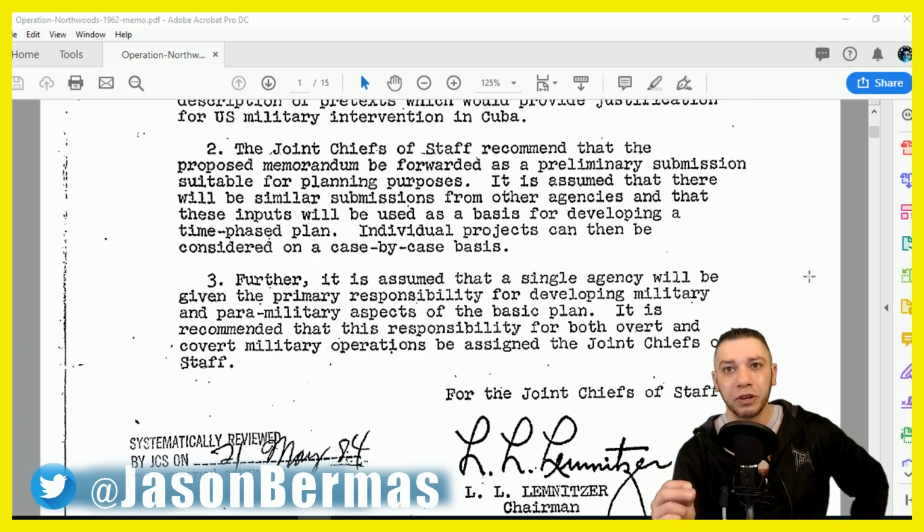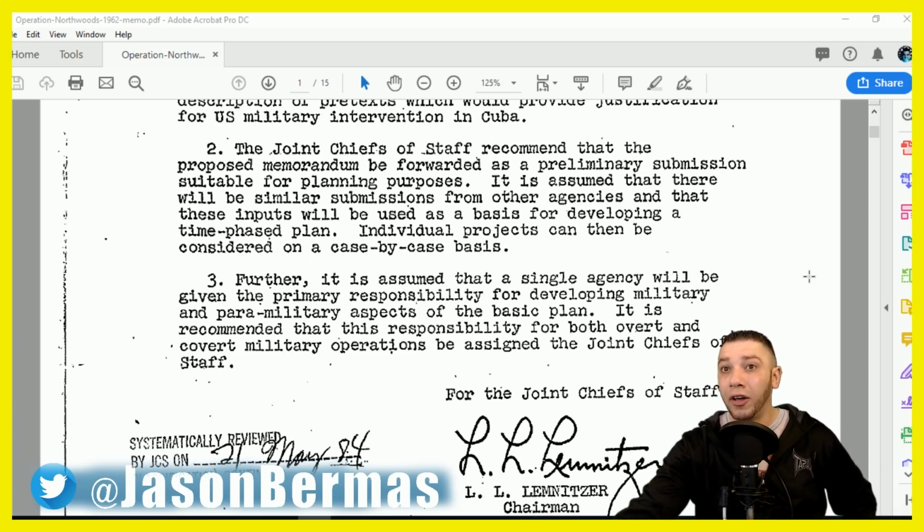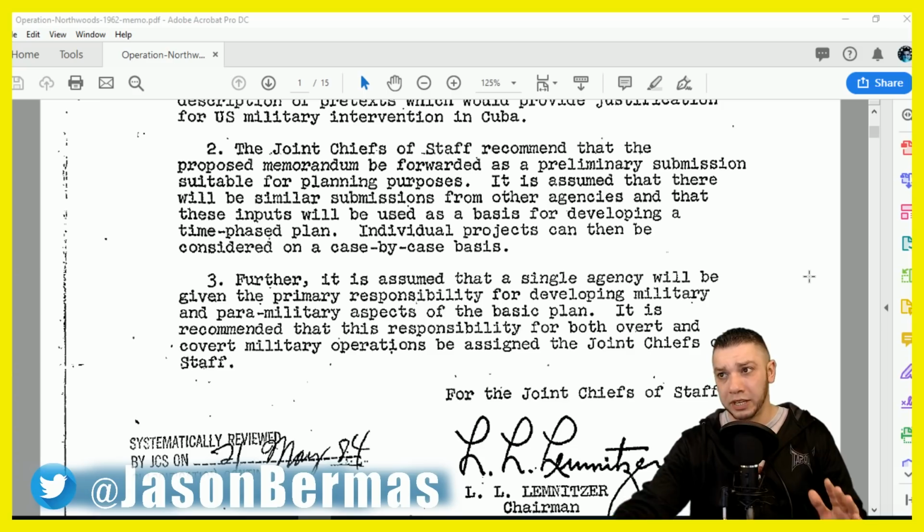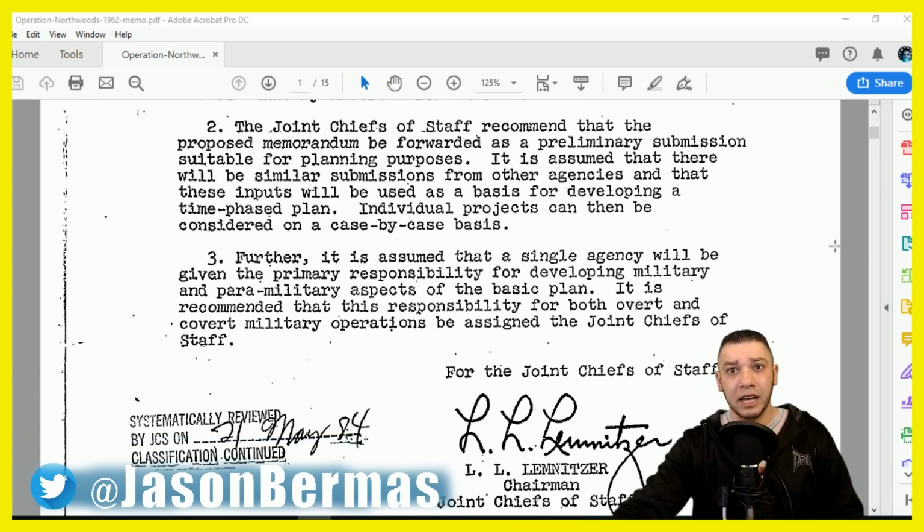It is assumed that there will be similar submissions from other agencies and that these inputs will be used as a basis for developing a time-phased plan. Individual projects can then be considered on a case-by-case basis. So what program are we going to have the CIA, the Navy, the Air Force? What's going to take place here? Let them all propose certain situations, but we want to keep compartmentalization really nice. You understand, folks?